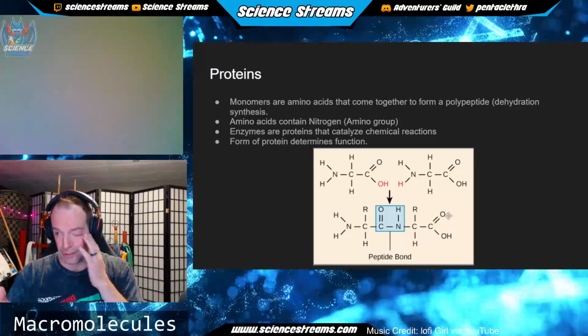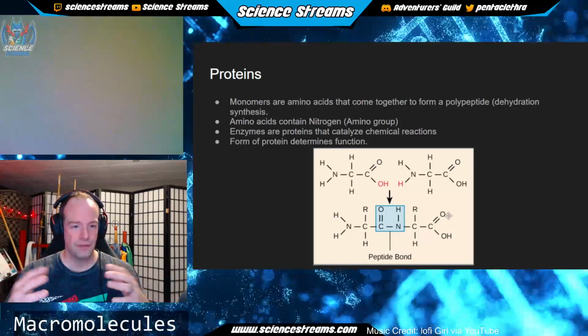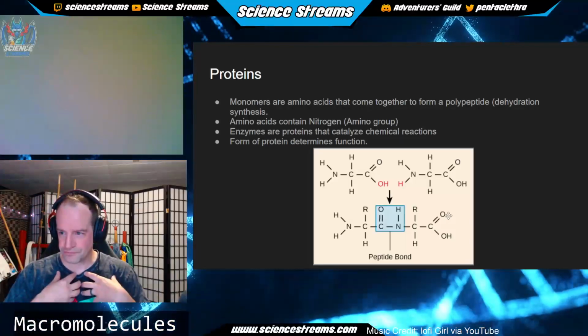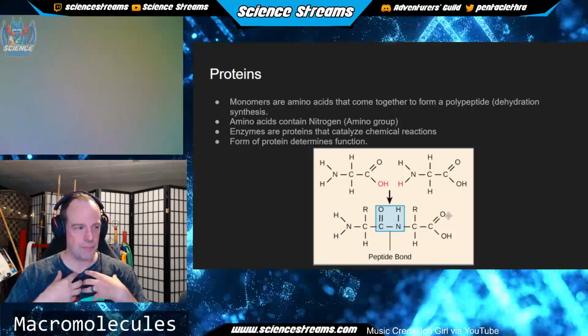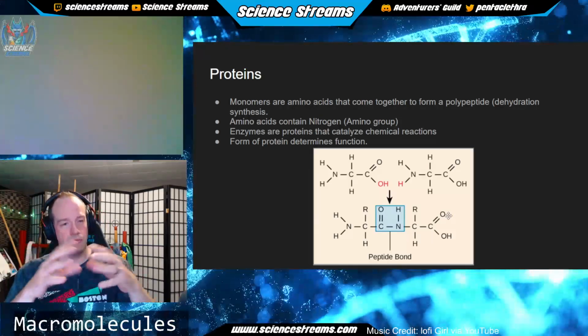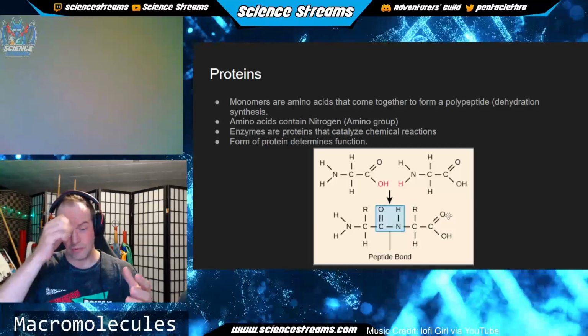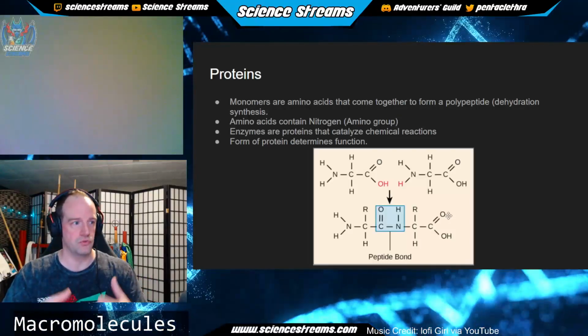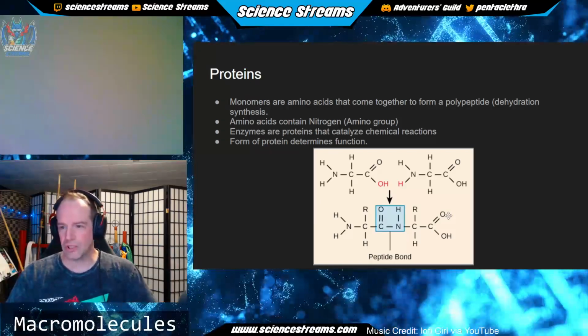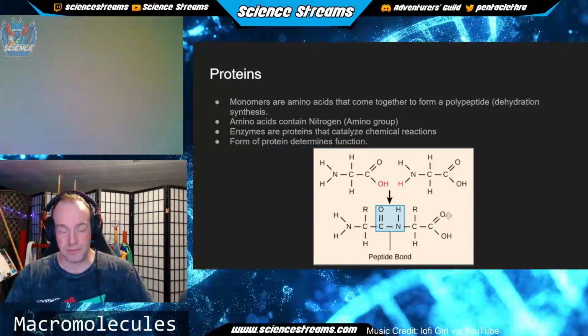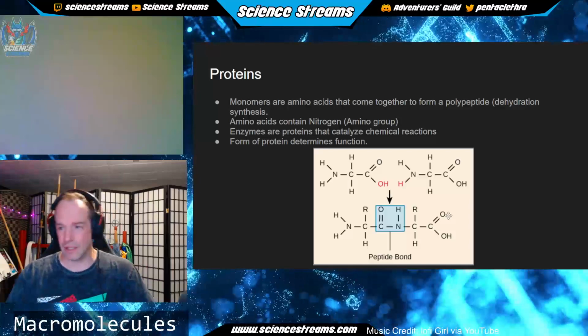These allow these chemical reactions to take place at our body temperature, or the temperature of the organism that it's in. And the shape of that protein, whatever it is, determines its function. Same with enzymes. The shape of that enzyme determines what the function is. Form equals function.